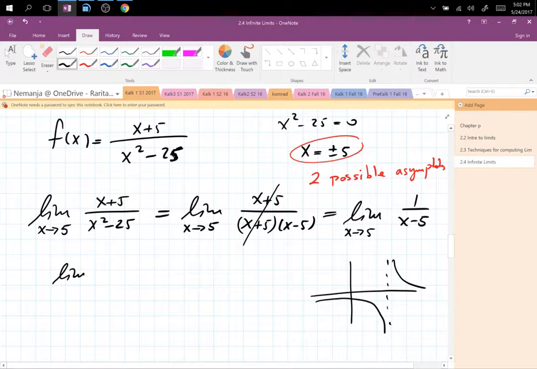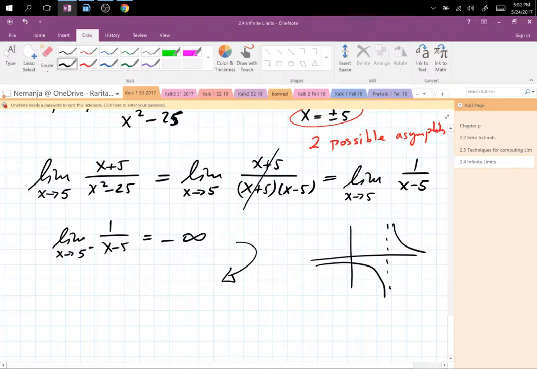So the limit as x approaches positive 5 from the left of 1 over x minus 5 is equal to negative infinity. So that's good enough to know that there is a vertical asymptote. So vertical asymptote at x equals 5 confirmed.